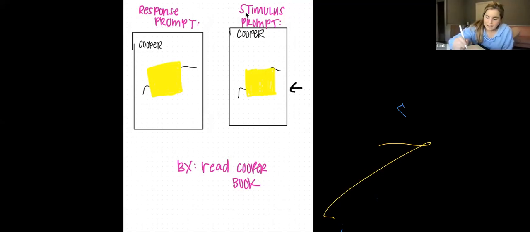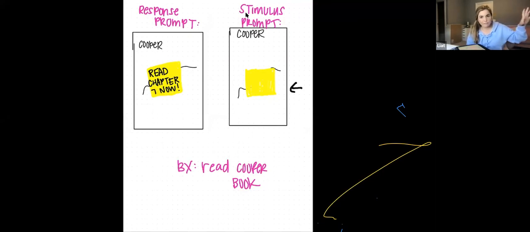Now, as soon as I do this to this one, and I write on that Post-it, it has now become a response prompt.